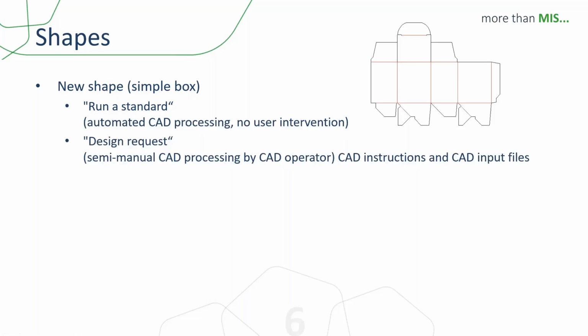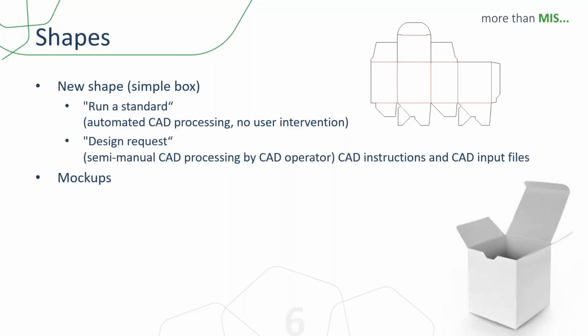And the second one is called Design Request, which we would call semi-manual CAD processing by the CAD operator, meaning cut instructions from the MIS and cut input files are coming from the MIS and are handed over to the cut operator. He will then design the shape and return us the result of his design.